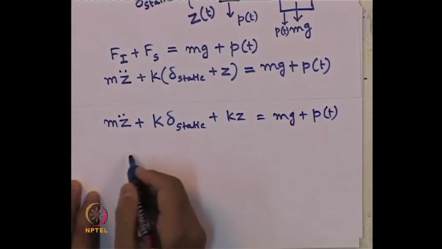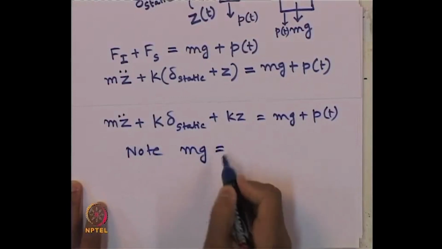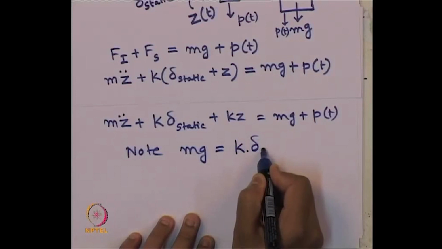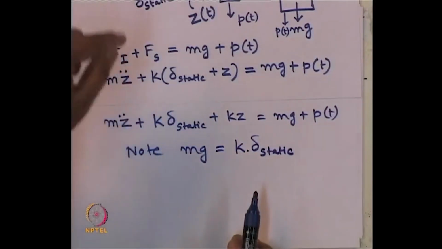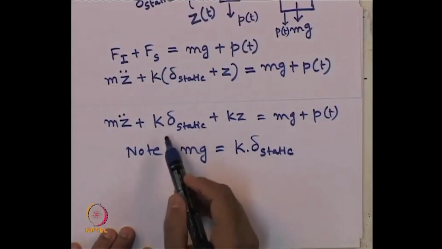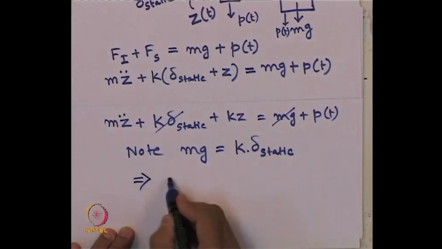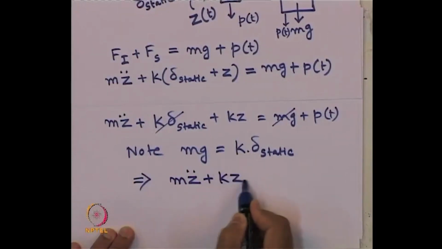Now, in this case note that this mg, the weight of the mass, is nothing but k times delta static, because on adding the mass, due to its own weight it came down, and this is the static displacement. So, these components are equal, and we can cancel them. Therefore, the governing equation of motion we get is m z double dot plus k z equals P of t.